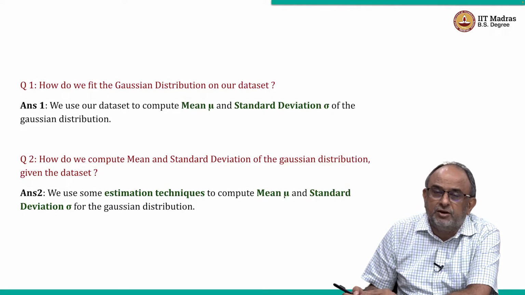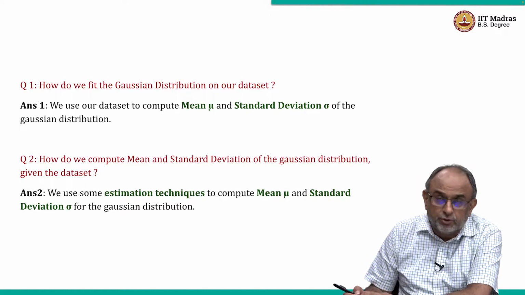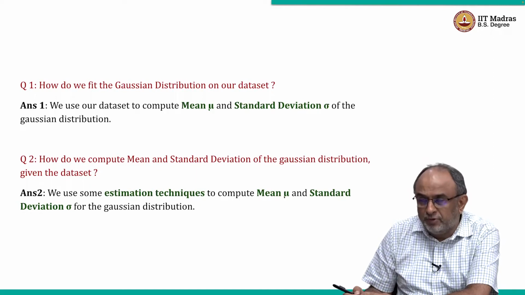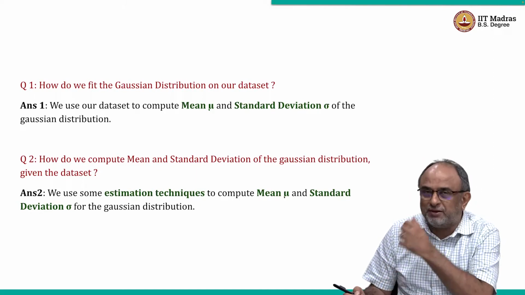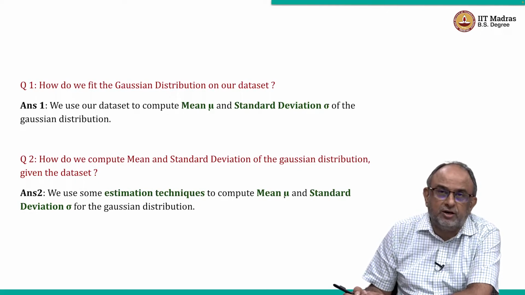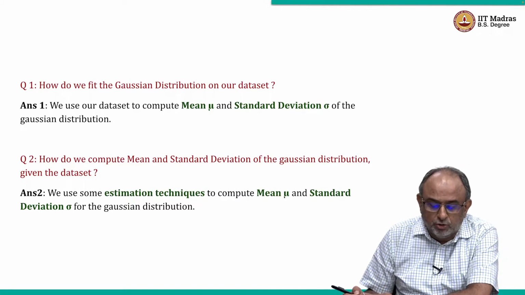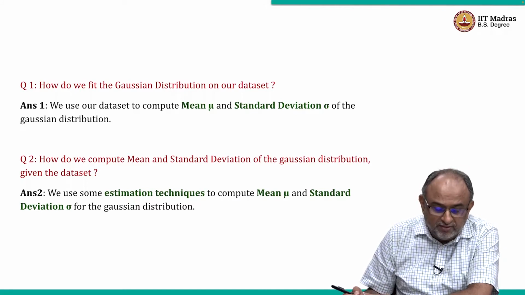I am trying to find out the estimates of the mean and the variance, and the way I am going to estimate is by maximizing the likelihood of these parameters. That is why we talk about maximum likelihood, generating that particular observation or the particular data. Right now I know I have to fit the curve, but I do not know what values of mu and sigma are.